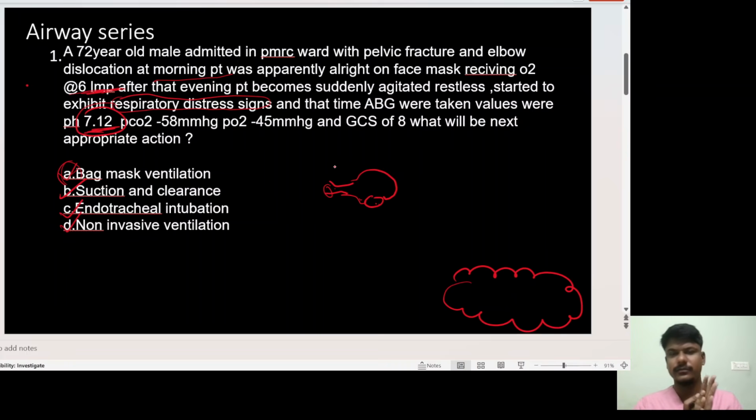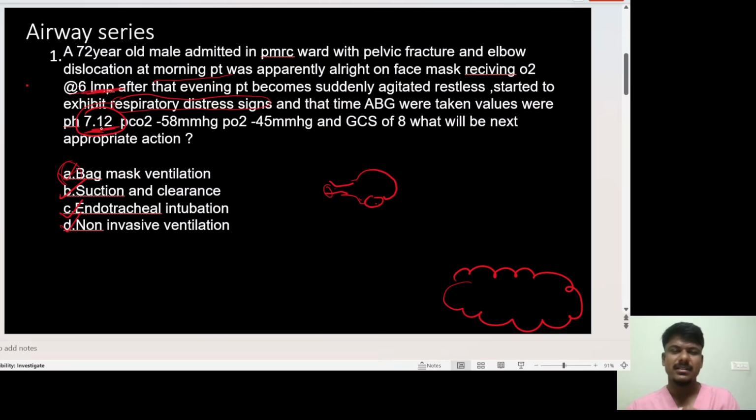I think we are missing something. What are we missing? See the scenario: the patient is restless and agitated. Is he going to cooperate if you keep pushing air into his mouth with the ambu? No. Can you wait for some time and think that with ambu he will recover?